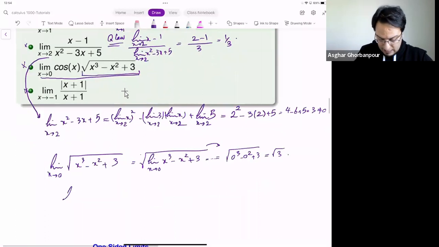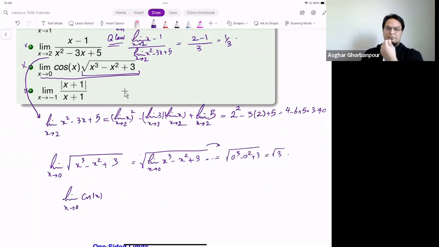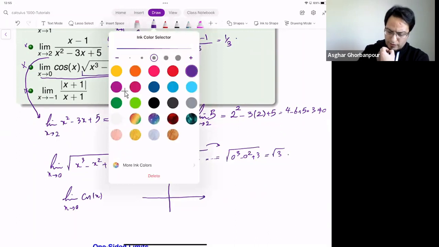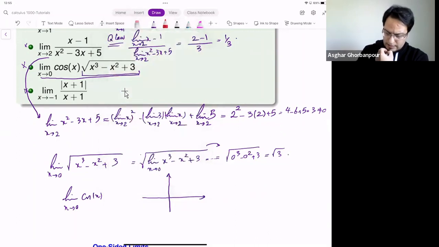Find the limit of cosine of x as x goes to 0. This is not something that we can do right away, but just intuitively, you know the graph of cosine x. This is what cosine x looks like.